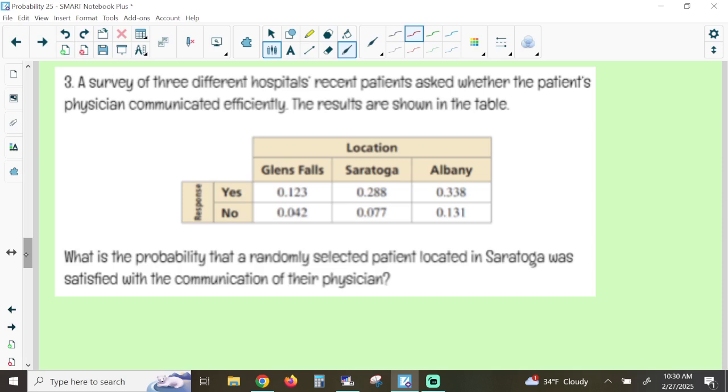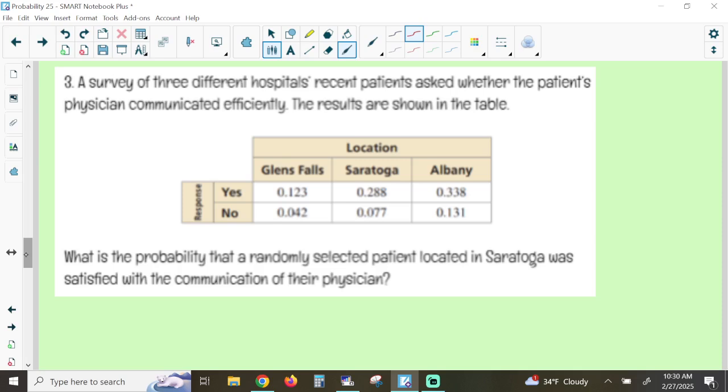So it says a survey of 3 different hospitals, recent patients asked whether their physicians communicated efficiently. Now, maybe I'm special, but when I read that, it's hard to make sense out of it. And that is legit a copied test question off the OST. The wording of it is just so weird.